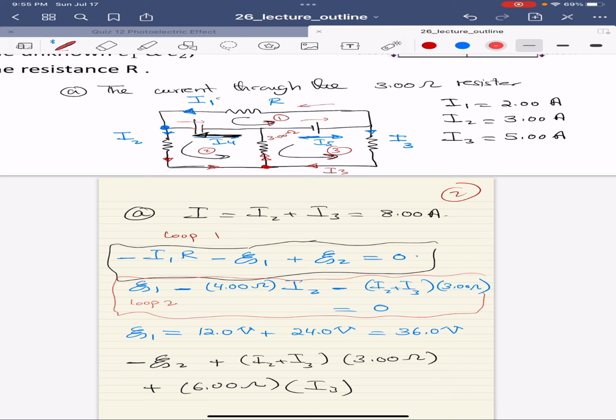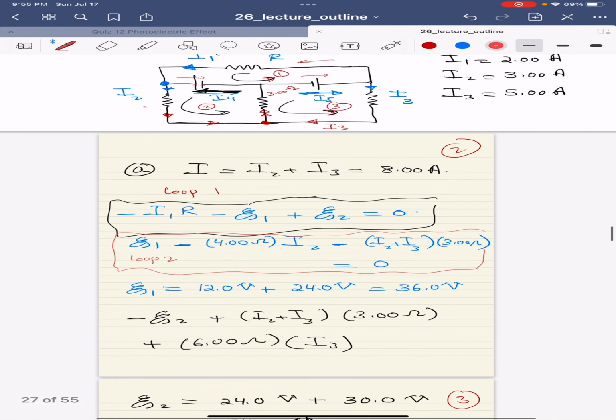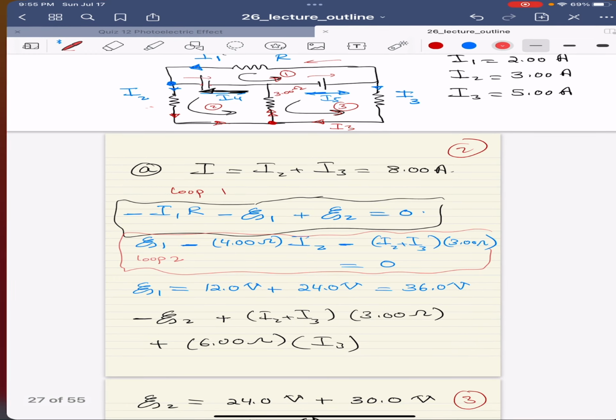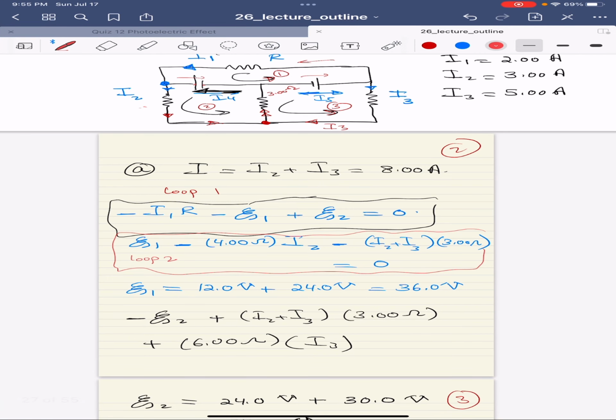Then I went through this resistor with the direction of the current, negative 4 times I2, and then through the 3 ohm resistor against the current, and therefore it all equals 0. From this one, I can rearrange, and since I have all the numbers, I am able to calculate E1 to be 36 volts.